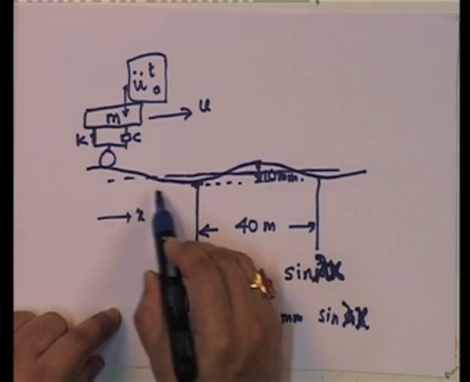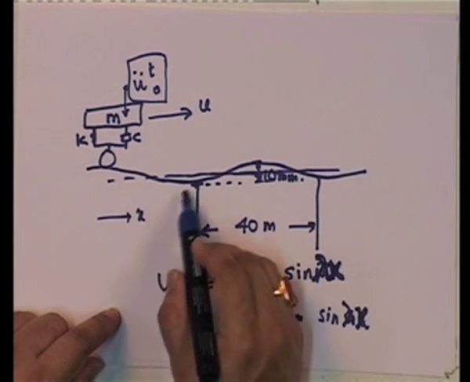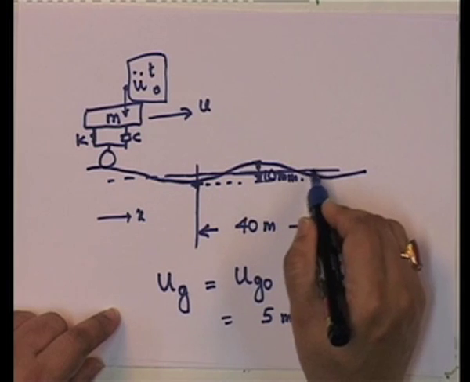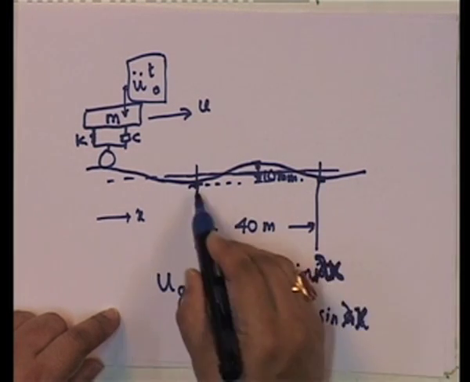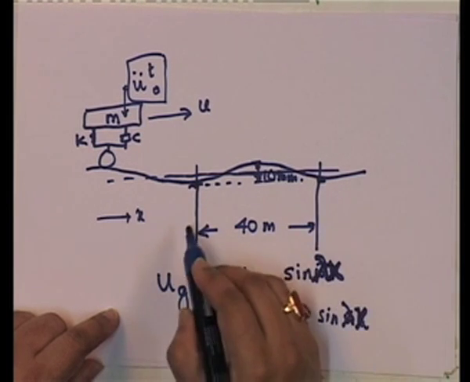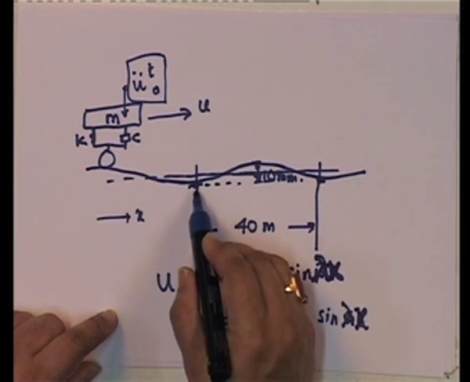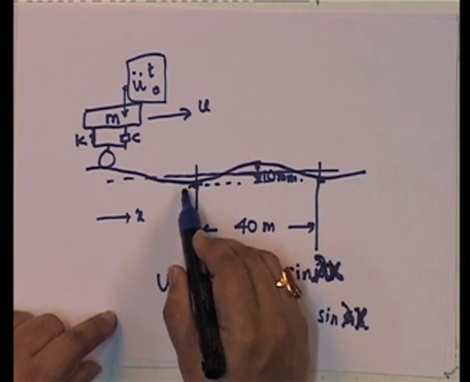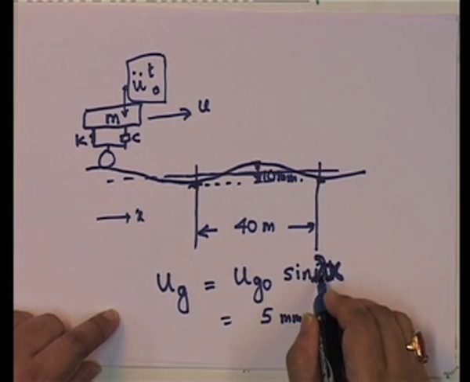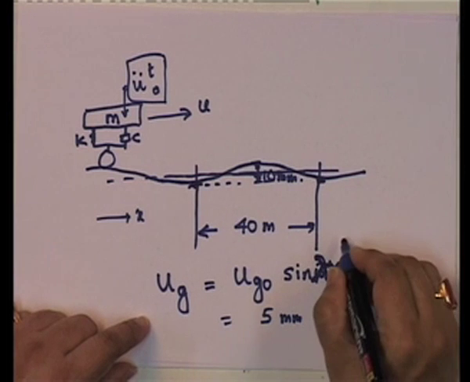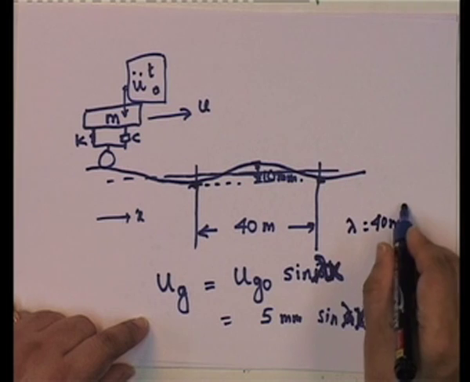In other words, one wave, this is a wave, right? What is the length from one wave to another wave? See, this is the bottom, this is the bottom again. So, bottom to bottom is nothing but one cycle. So, I am looking at the wavelength as really one cycle of the wave and the distance. So, lambda over here is 40 meters.